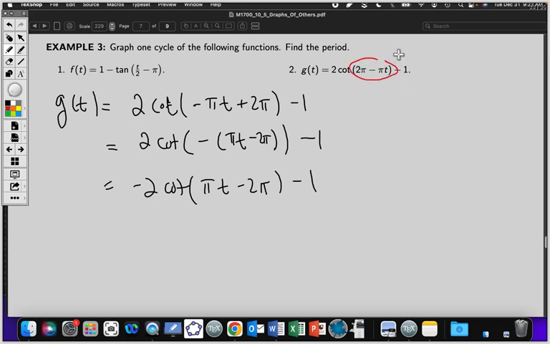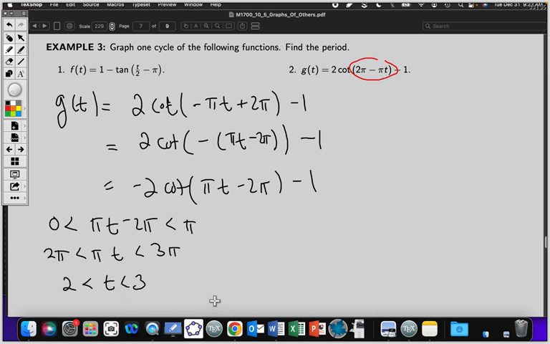So we're going to set this thing between 0 and pi. We can add 2 pi across and divide by pi. So this is going to be our new fundamental cycle, t between 2 and 3.